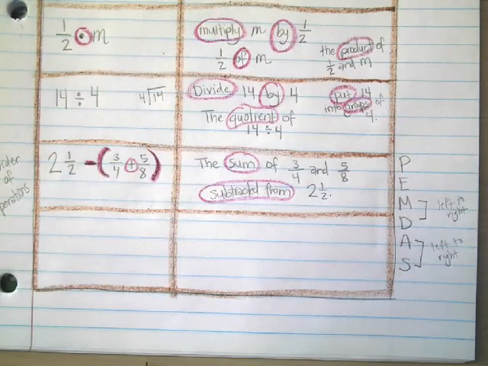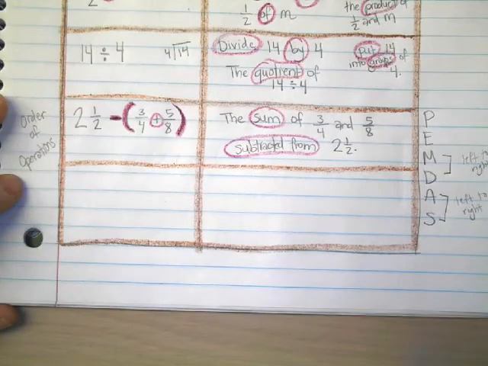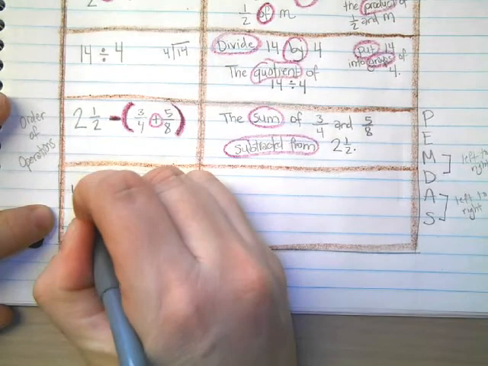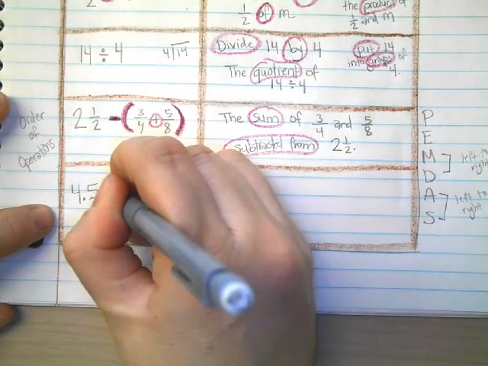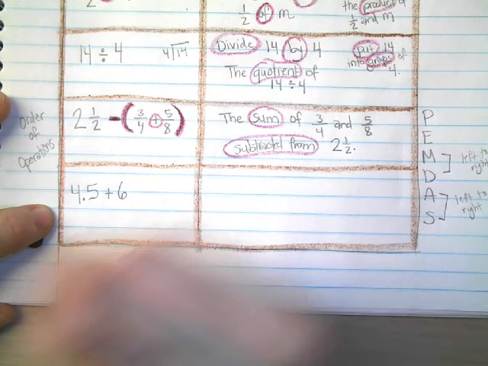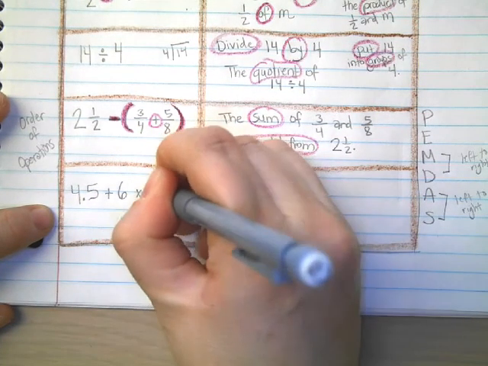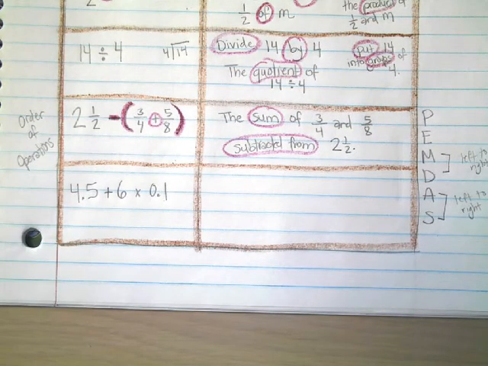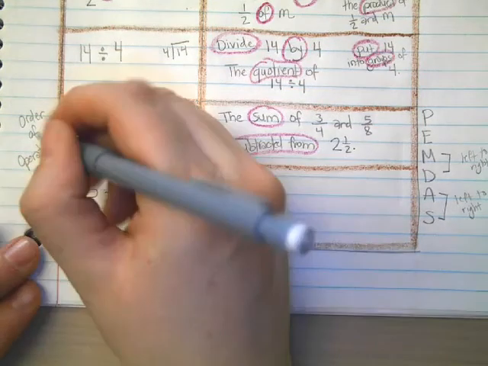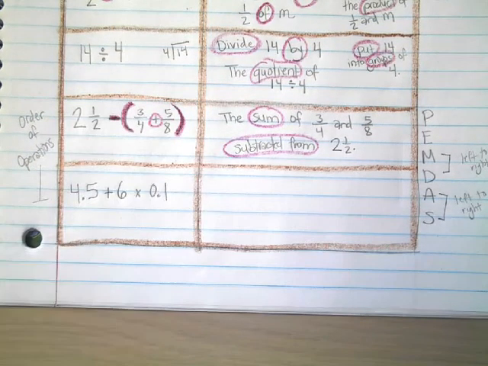All right, that one was definitely more complicated. Let's try the last one. Here it is. That's it. That is what it is.